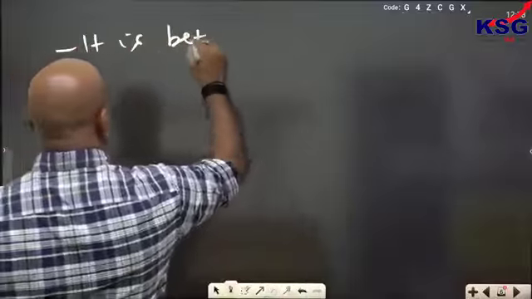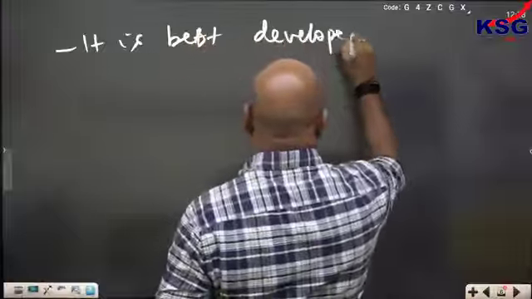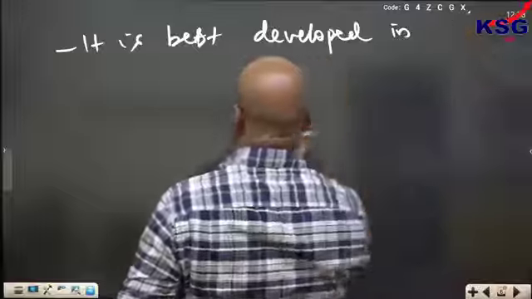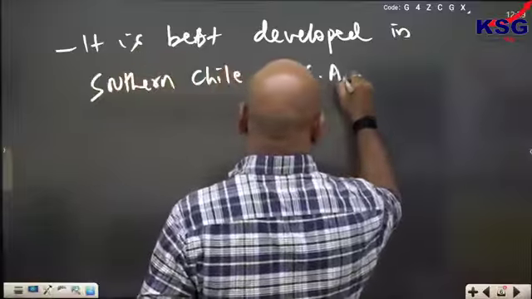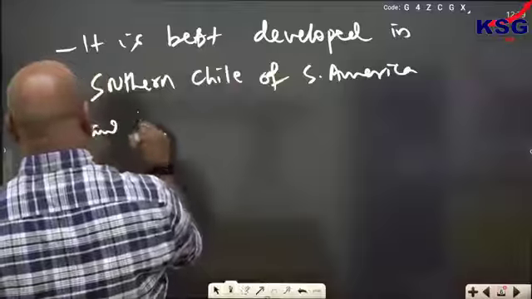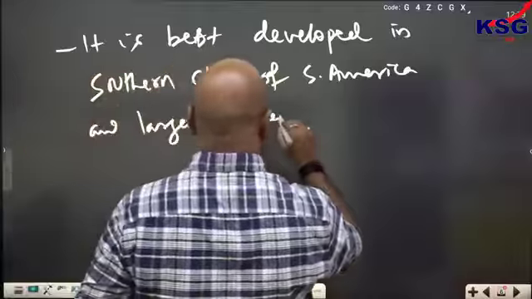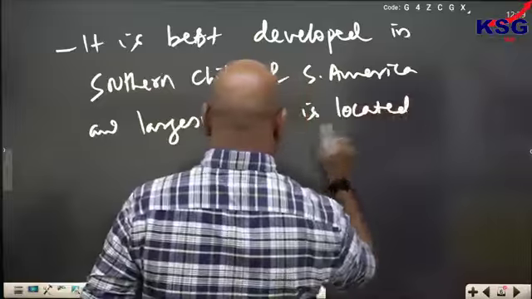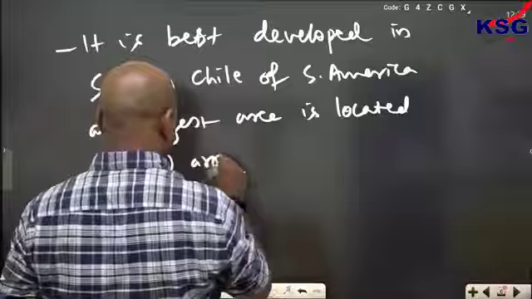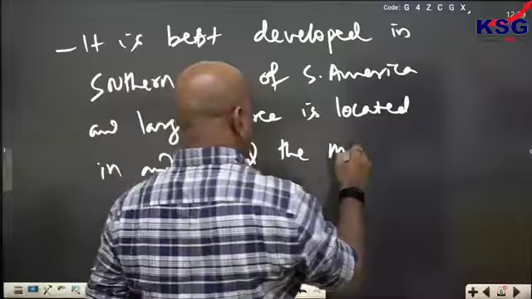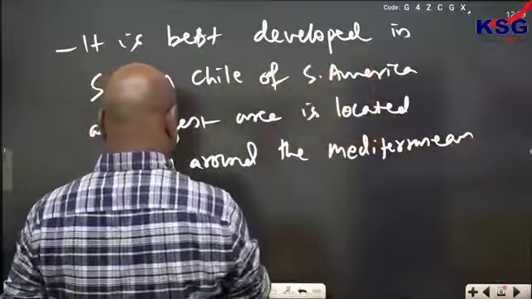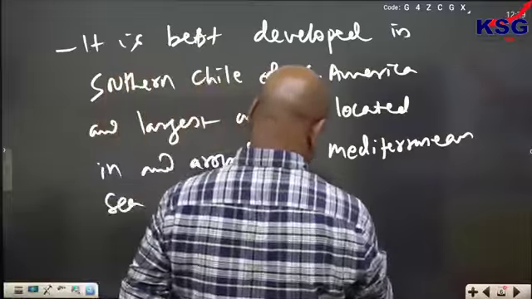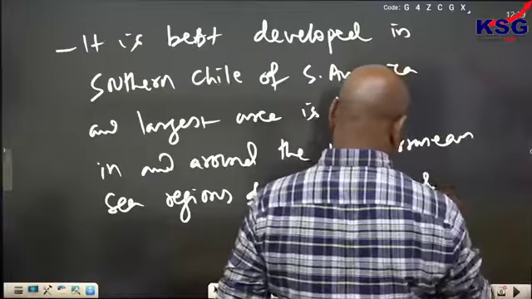Now this Mediterranean climate is best developed in southern Chile of South America, and the largest area is located in and around the Mediterranean sea regions of Africa, Asia and Europe.